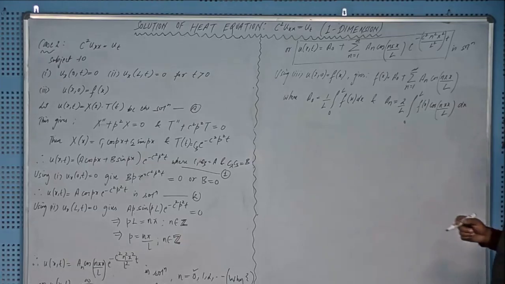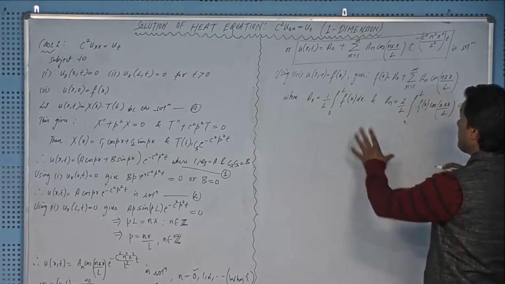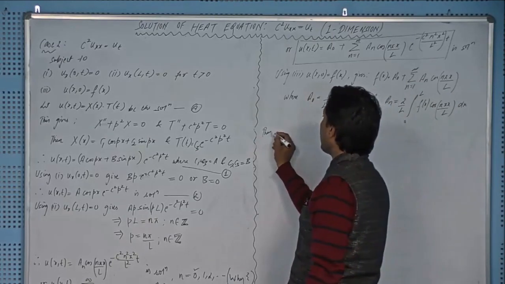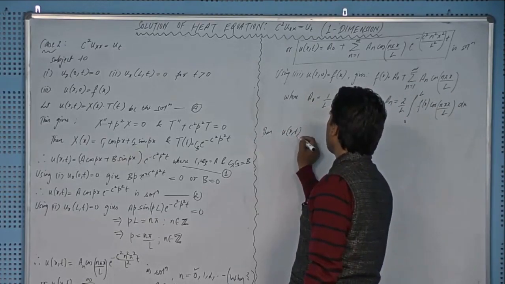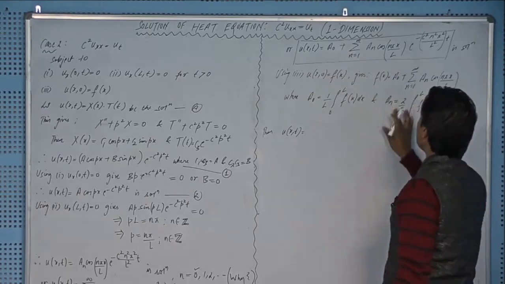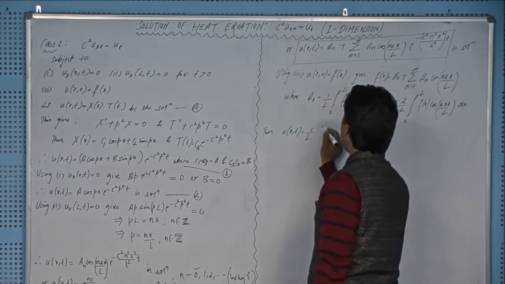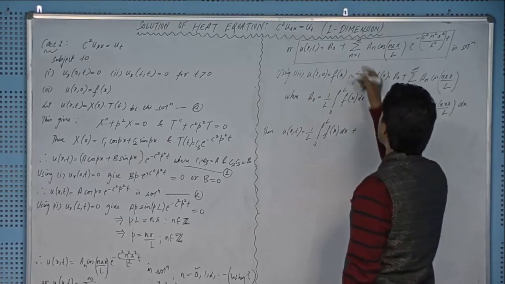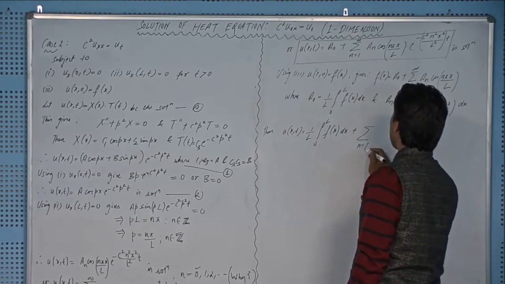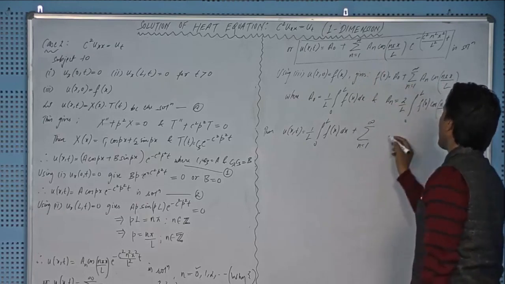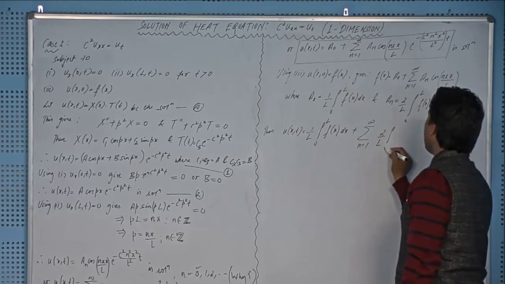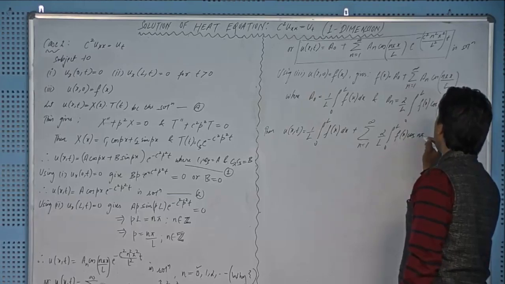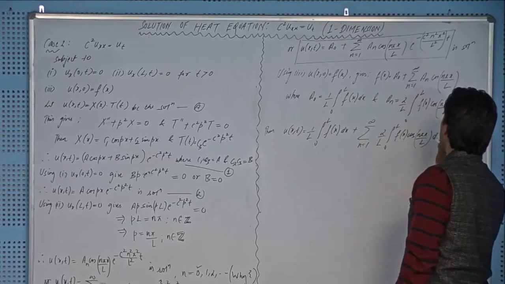So the solution will ultimately take the form, if I substitute these a naught and a n here, the final solution u(x,t) is equal to the value of a naught, which is this one, 1 over L integral 0 to L f(x) dx, plus the summation n equal to 1 to infinity, where the value of a n is this one, 2 over L integral 0 to L f(x) cos(n pi x over L) dx.